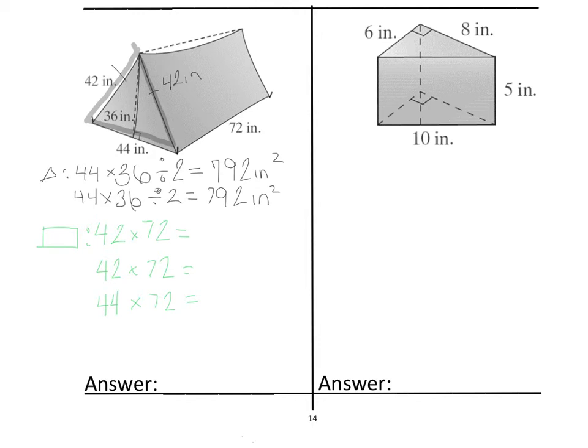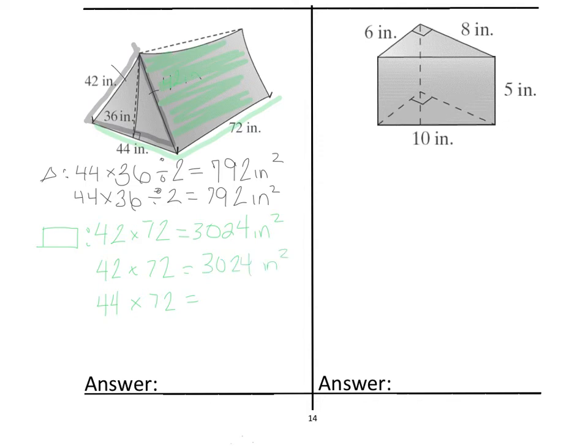42 by 72 is this side, but it's also the other side. So if this was a tent, it's the 2 sides standing up. And then 44 by 72 is the rectangle that it's sitting on the bottom. So that's how I got the 3 dimensions for the rectangles. 42 times 72 is 3,024. And we have 2 sides because that's what the 2 sides of the tent are.